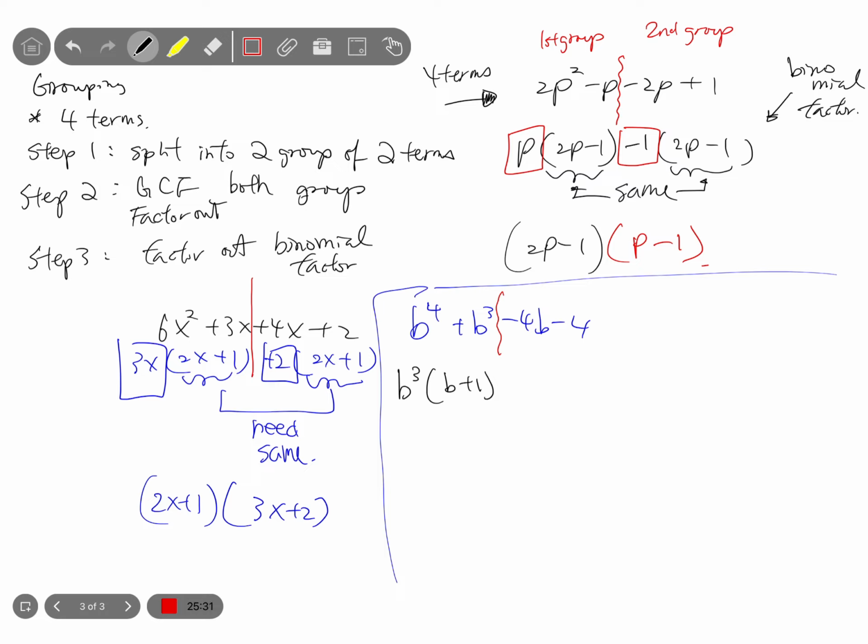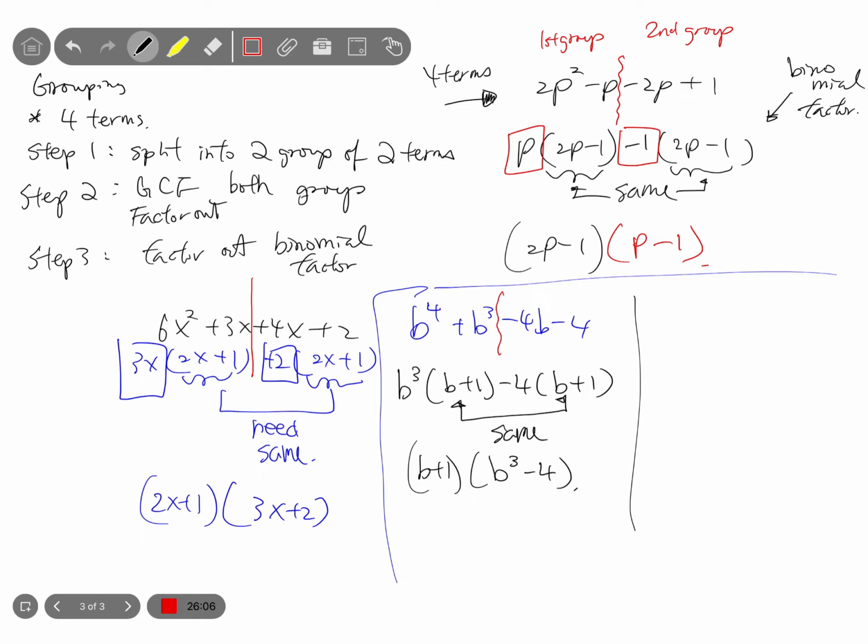Now, the second group, negative 4b minus 4, I think this one's pretty obvious that the signs are different. So we need to factor out a negative 4, then you have b plus 1. So b plus 1 and b plus 1, the two parentheses are the same, which means we can now factor those out. B plus 1 and b cubed minus 4.